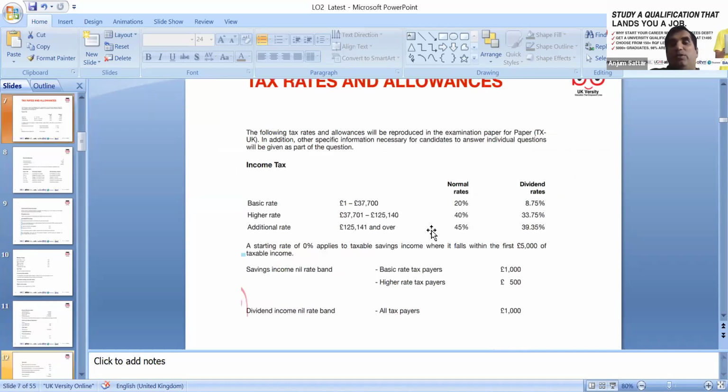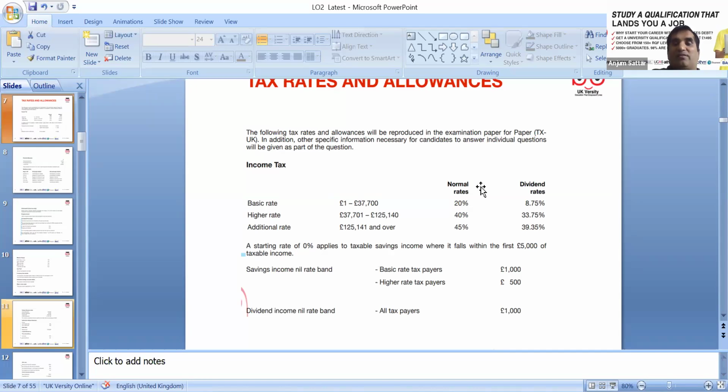Okay, as we look at the new rates, this is Finance Act 2023. The basic rate is £1 to 37,700 at 20%. The personal allowance is 12,570, and the 0% rate applies to the savings income nil rate band.